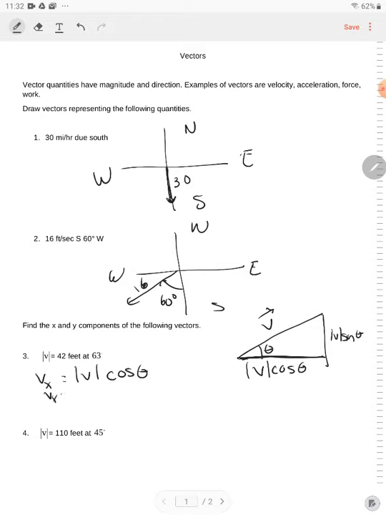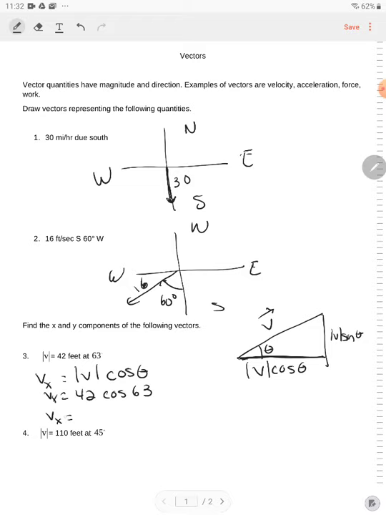So Vx is equal to 42. Okay, that should be a 63-degree angle. That angle sign is hard to see. Cosine of 63. So Vx is equal to, and we get 19.06.